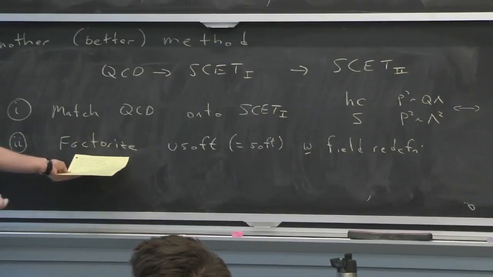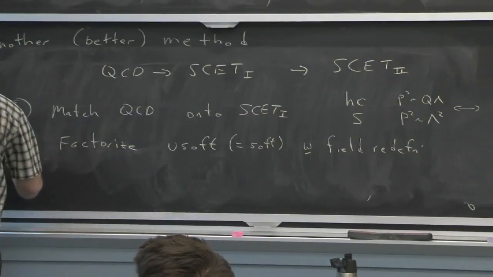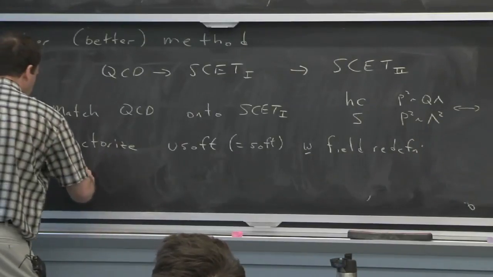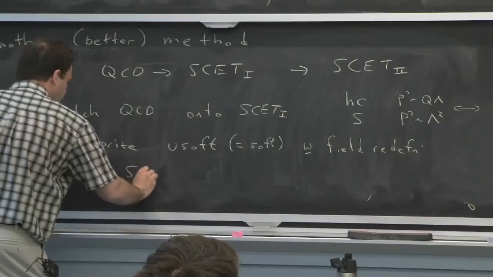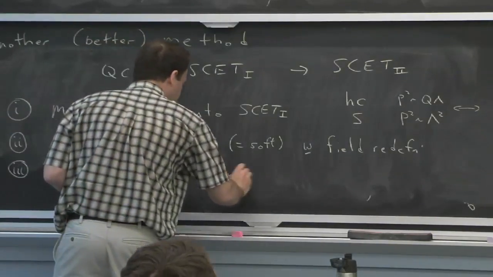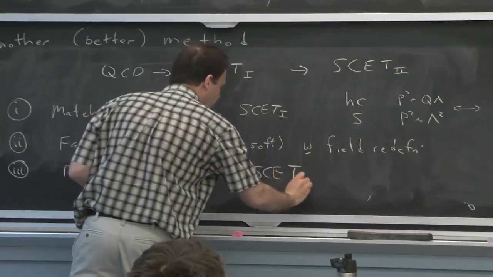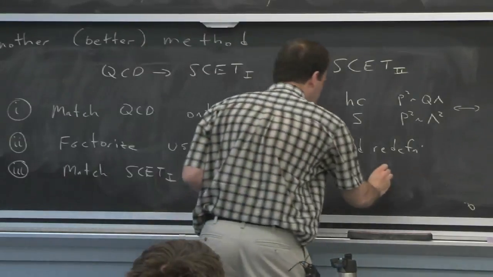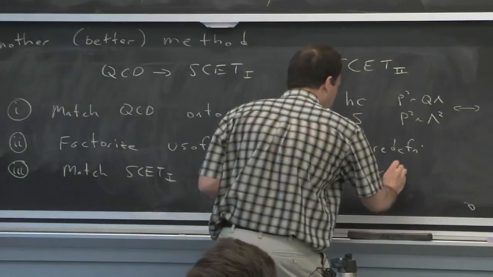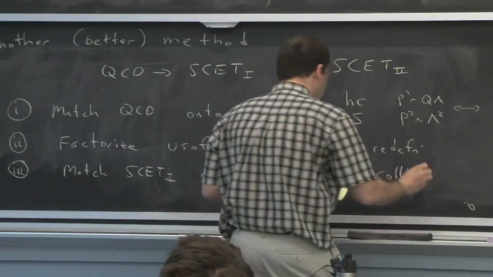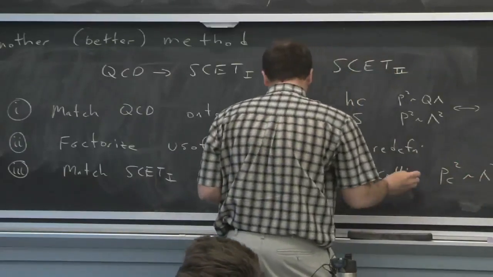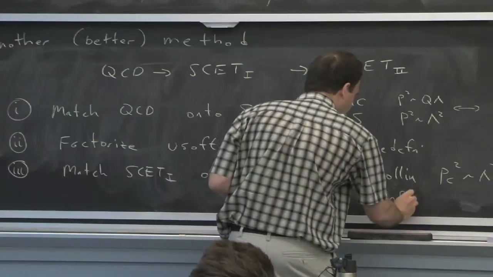We then factorize, and in the third step, we match SCET1 onto SCET2. We're getting rid of these hard collinear modes, matching them onto some collinear modes, and then we still have our soft modes.